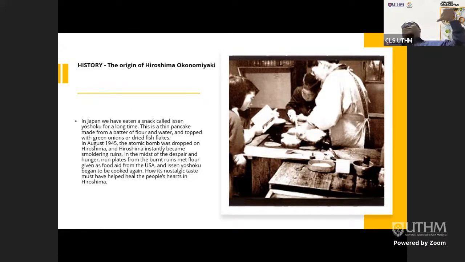They felt this flour was going to be their food from now on. There was a lot of flour supplied by the GHQ government at the time, so they only had this flour.